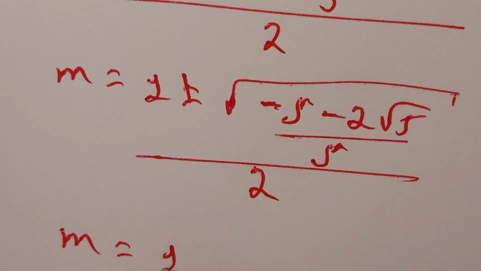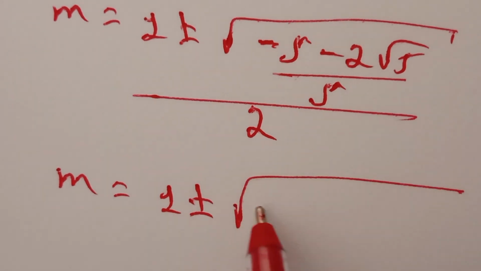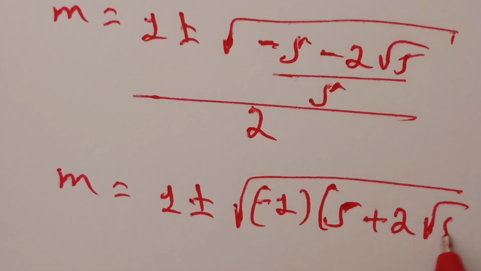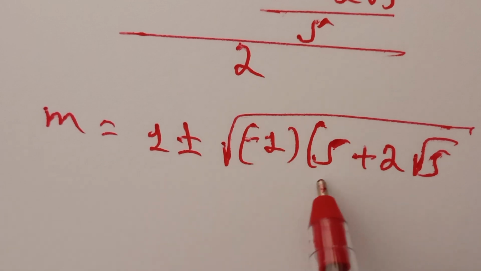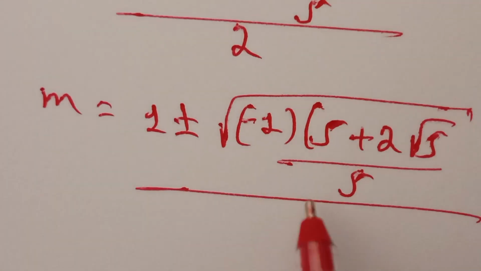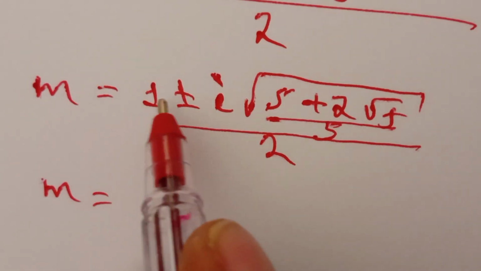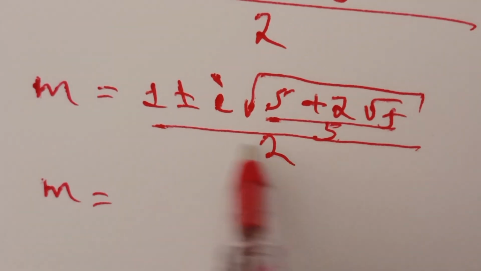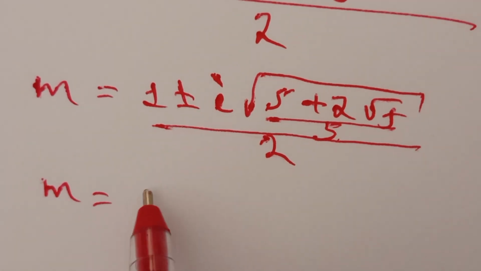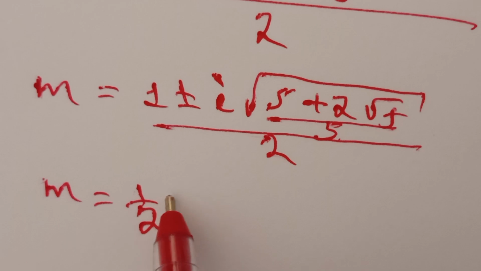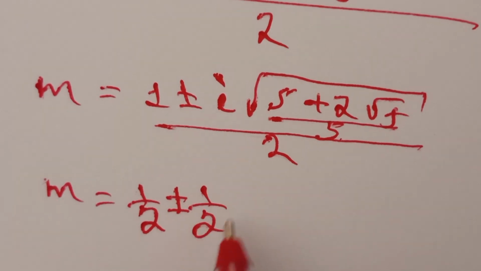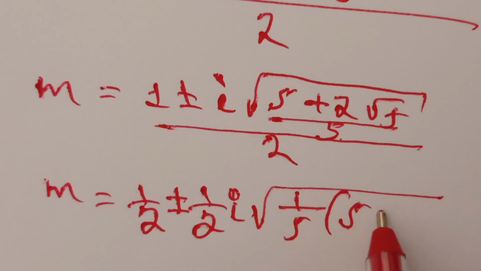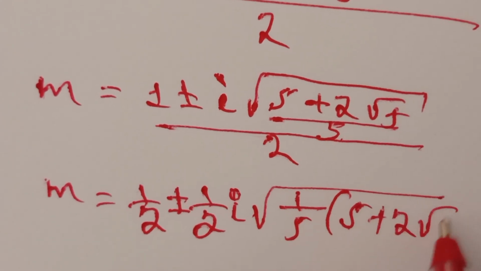So m is equal to 1 plus or minus i times the radical of (5 plus 2 root 5) over 5, over 2, and this becomes m equal to 1/2 plus or minus 1/2 i times the radical of 1/5 times (5 plus 2 root 5).